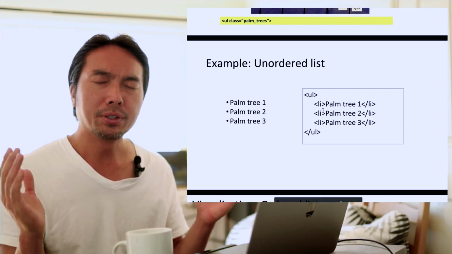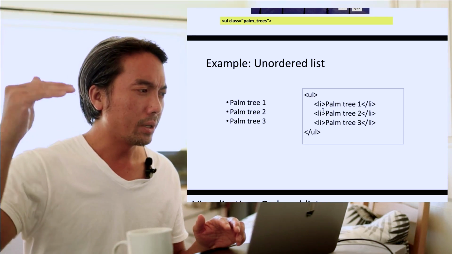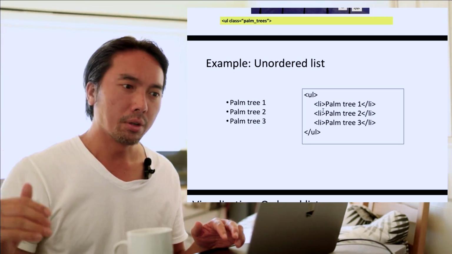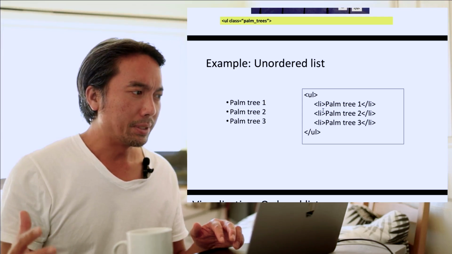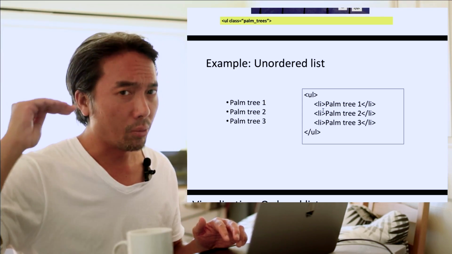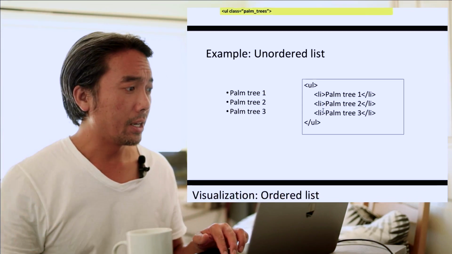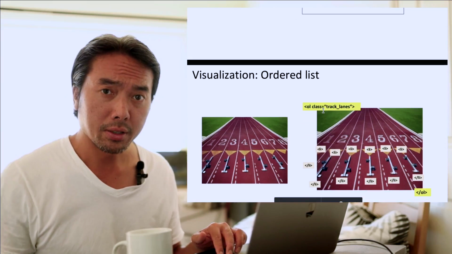So when will we use an ordered list? There are times when there's a list where ordering matters, like 1, 2, 3, 4. Maybe you don't specifically style the number, maybe you could even hide the numbers. But here we're saying that the hierarchy or the order of the list matters. So in that case, we want to use an ordered list.